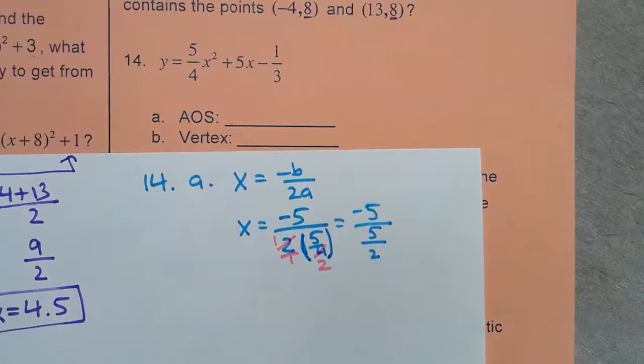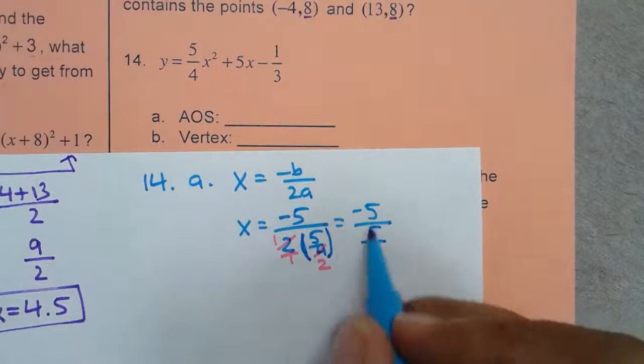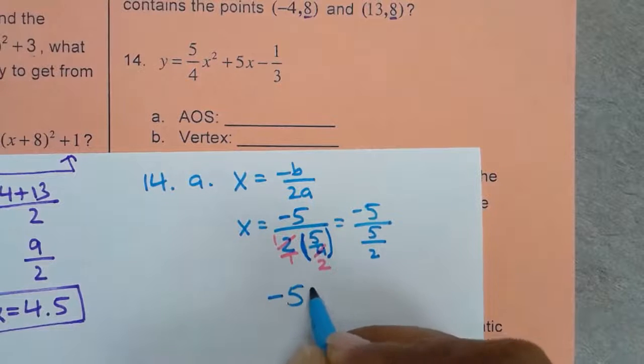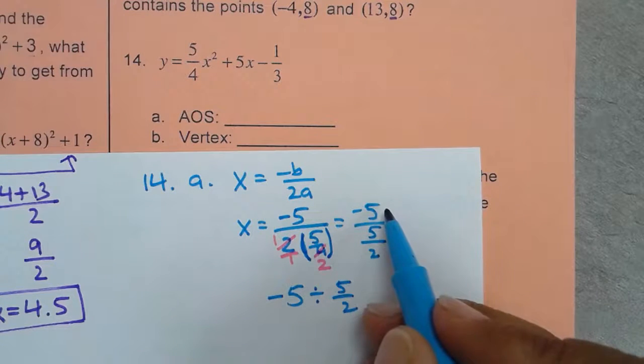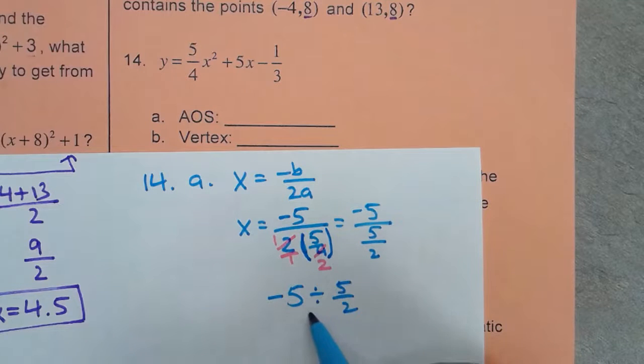So there's two ways you can look at it. This is the same thing as saying -5 divided by 5 over 2. And if you remember how to divide fractions, you basically keep the same number and you flip the second one and multiply by the reciprocal. Or you can say copy, dot, flip it, 2 over 5.